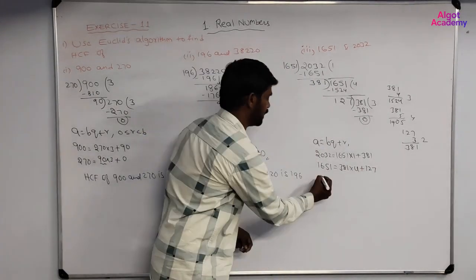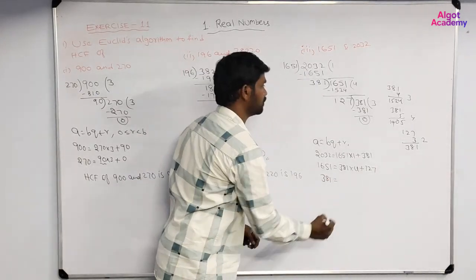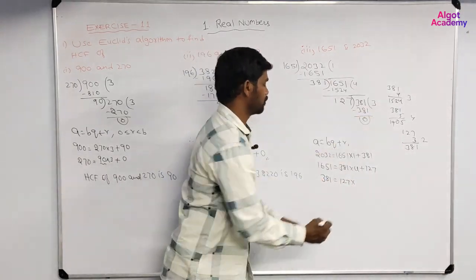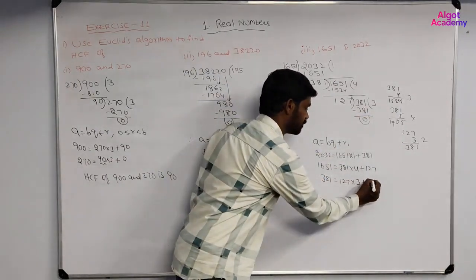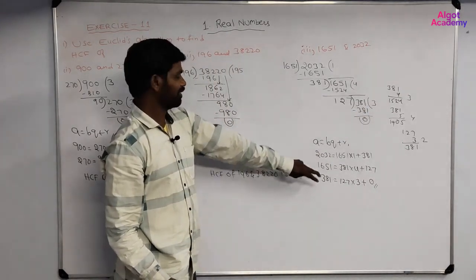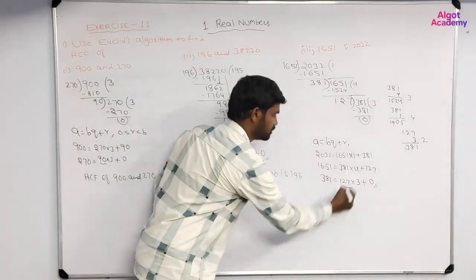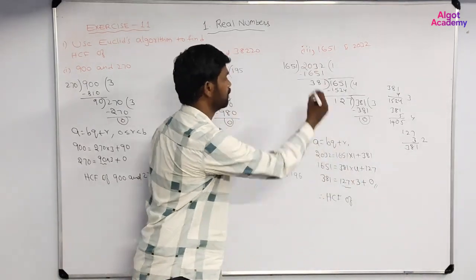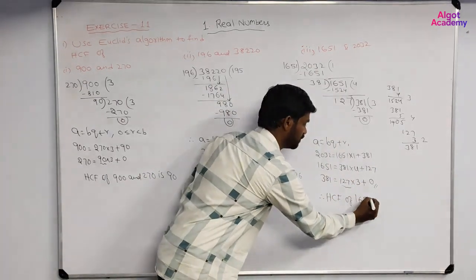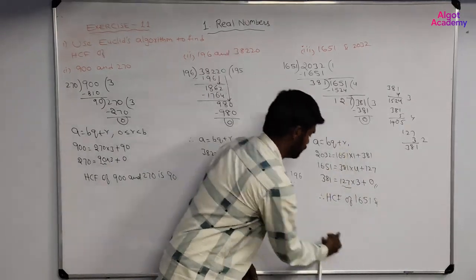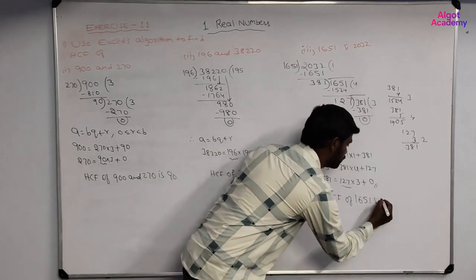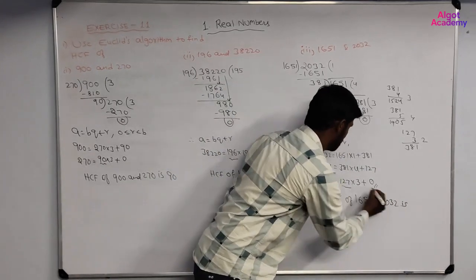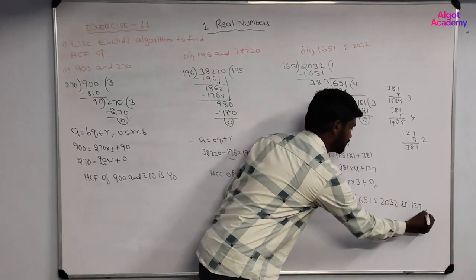In the next step, A becomes 381, which is equal to B, 127, into quotient 3, plus the remainder 0. When the remainder is 0, this value is the HCF. Therefore, the HCF of the numbers 1651 and 2032 is 127. This is your answer.